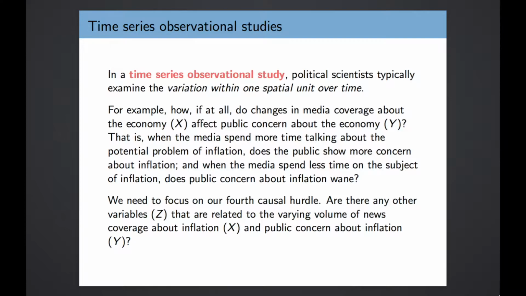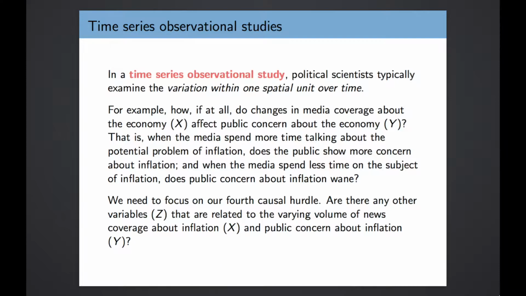And the primary thing that we're interested in is that temporal variation. In this type of study, as in any type of study, we need to focus on the possibility that there could be other variables influencing the relationship between x and y that we observe. So are there other variables z that might be influencing both x and y?